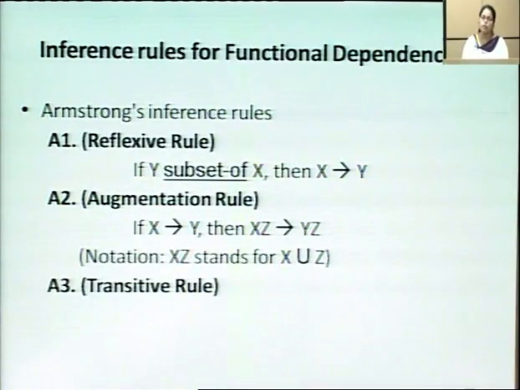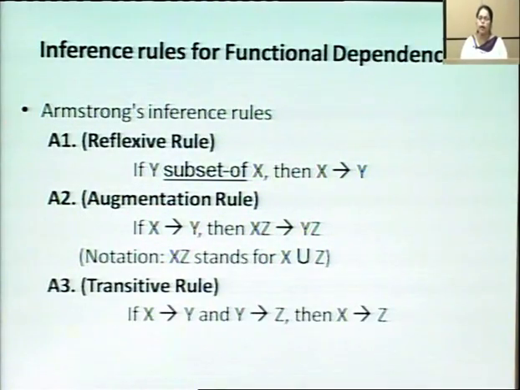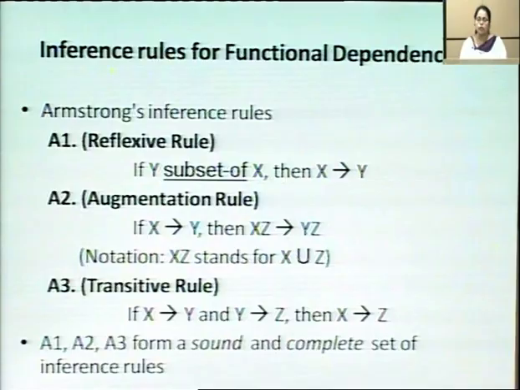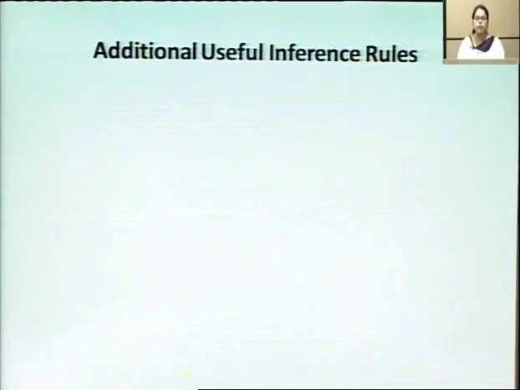Third is the transitive rule, which says that if X determines Y and Y functionally determines Z, then we can infer that X functionally determines Z. These three rules, A1, A2 and A3, reflexive, augmentation and transitive, form a sound and complete set of inference rules. Some additional useful inference rules are also there.